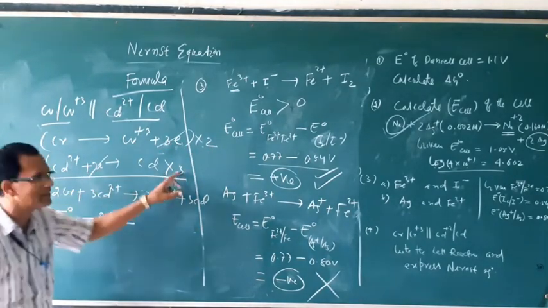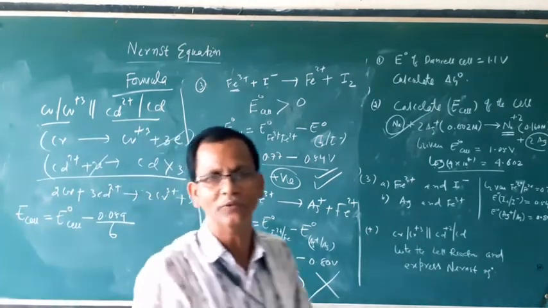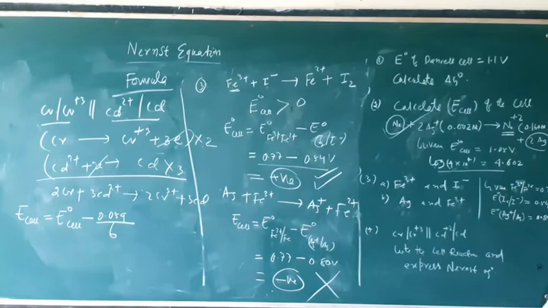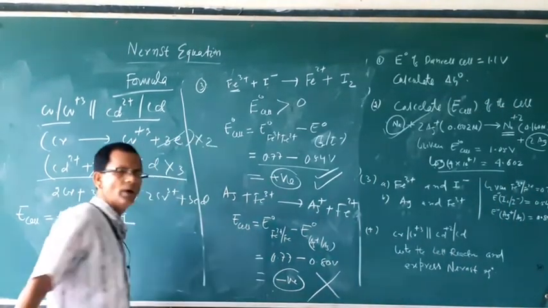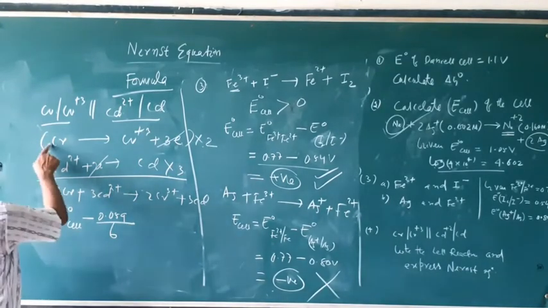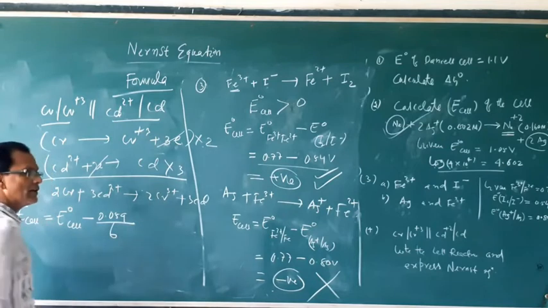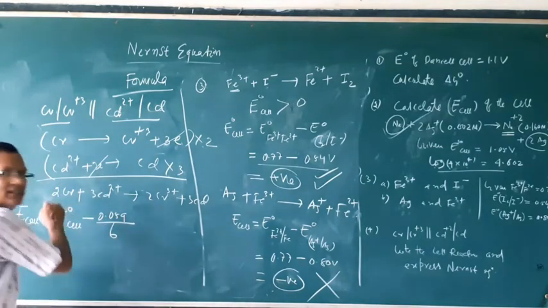Here 2 multiplied by 3, 6. So the n value will be 6 here. Overall 6 electrons are involved, left side and right side. The n value is very important in the expression of the Nernst equation, so you have to see it carefully. On the right side 2 into 3, 6 electrons involved; left side also 3 into 2, 6 electrons involved. Overall 6 electrons.